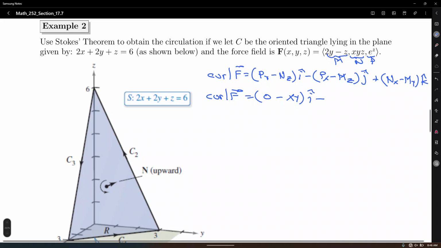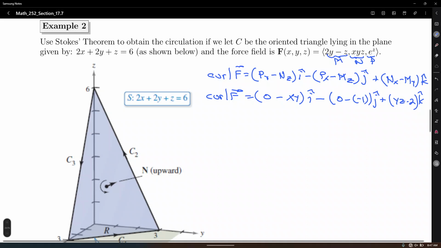The curl about the y-axis, that is P sub x, which is another 0 because there's no x's, minus M with respect to z, that is 0 minus 1, that's minus negative 1, and careful with the signs in here, j, plus finally N with respect to x, isn't that yz, minus M with respect to y, that is minus 2 in the direction of k.